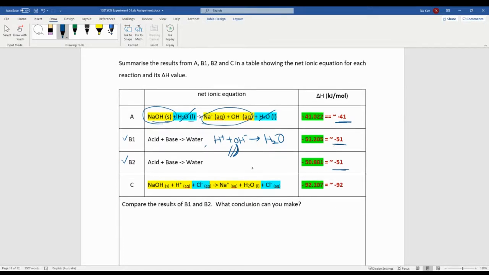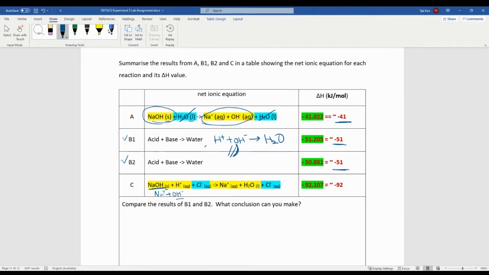Okay, so the last one was sodium hydroxide solid, which was same as A, but instead of water, we used hydrochloric acid aqueous solution, so it should be H plus Cl minus, right? So when you put this one into aqueous solution, it will turn into Na plus OH minus, right?